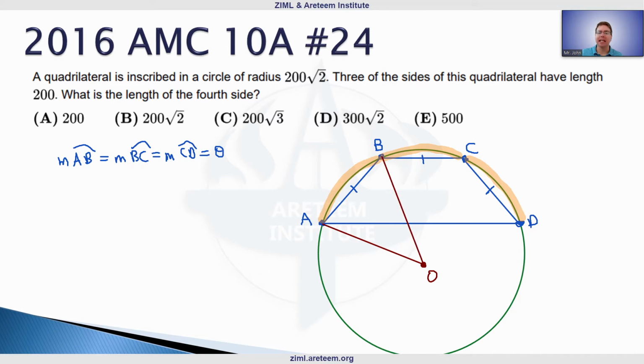But here's the key: OAB is a triangle with two sides of 200 root 2 and a third side of 200. Same for BOC, same for COD. So all of these triangles are congruent, meaning all of these central angles are congruent. But notice that those angles are exactly what we have for arc AB, arc BC, and arc CD.